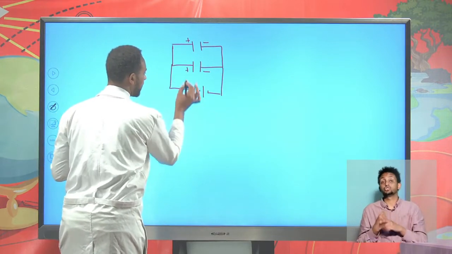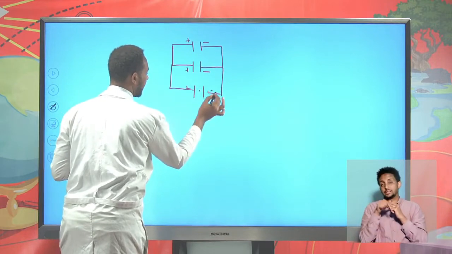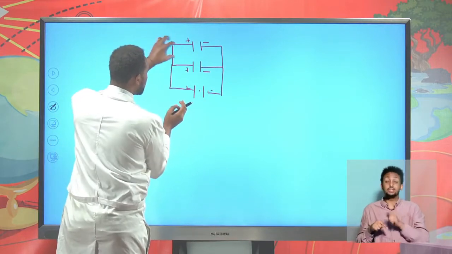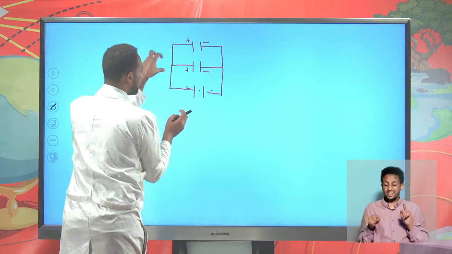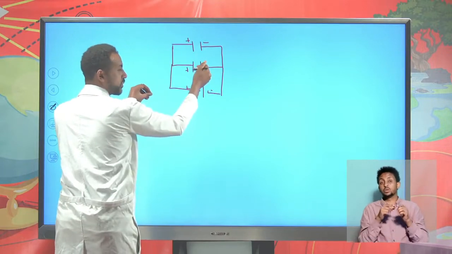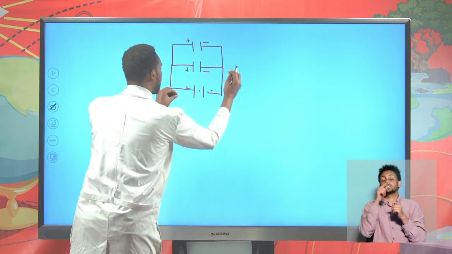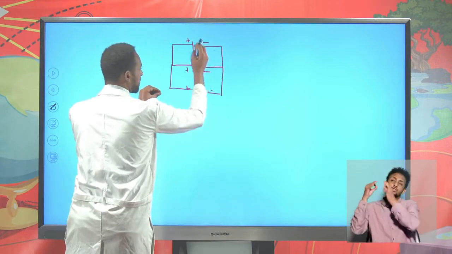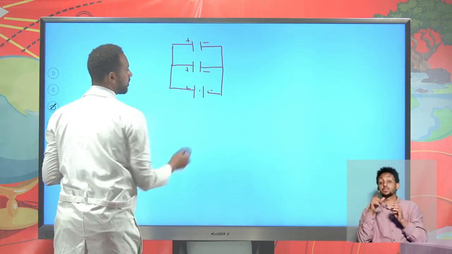If you connect like this, plus, minus, this source draws negative charge from this place so that this place has a positive charge, and the negative charge, the electrons, are distributed here so that these plates become negative.